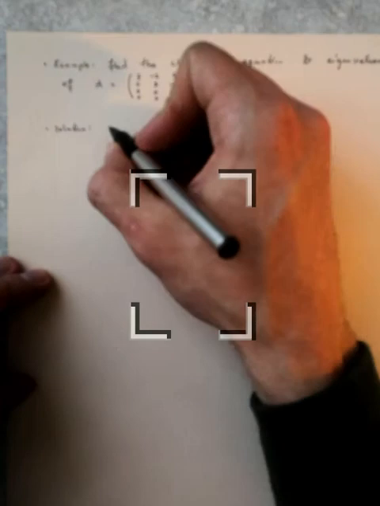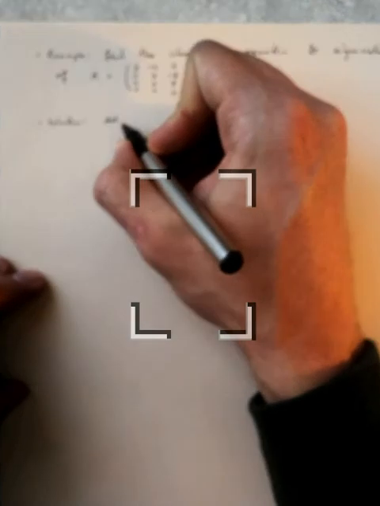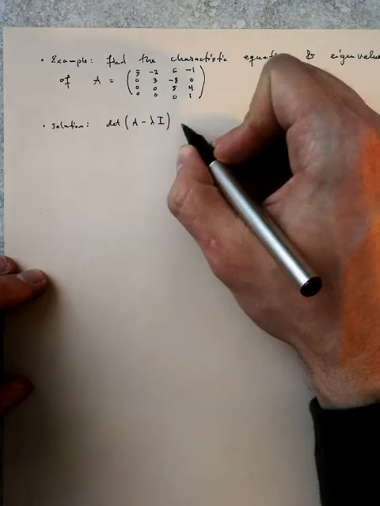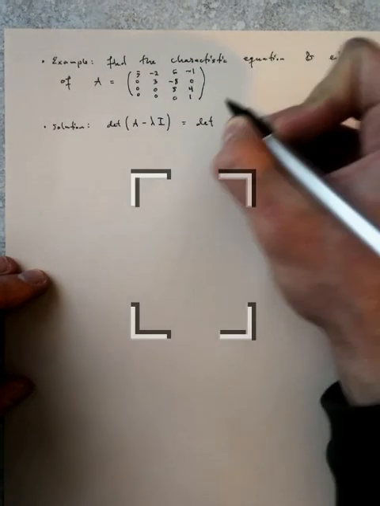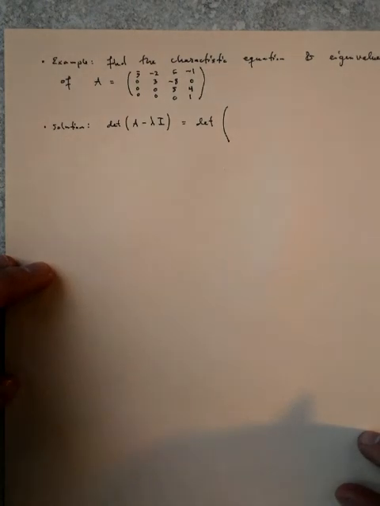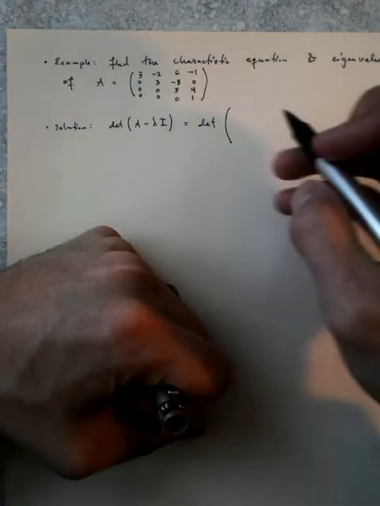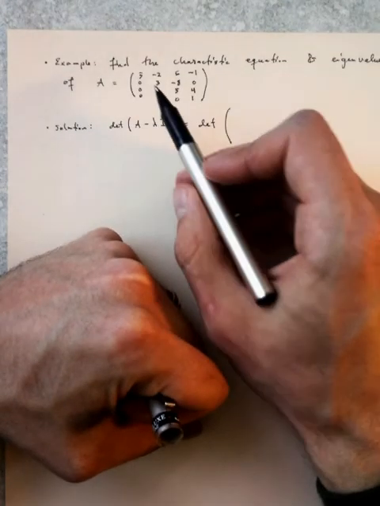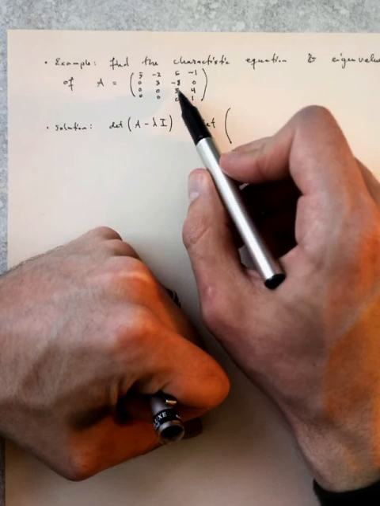So the determinant of A minus lambda times the identity is equal to the determinant of the matrix where subtracting lambda times the identity means subtracting lambda from each of the diagonal coordinates.